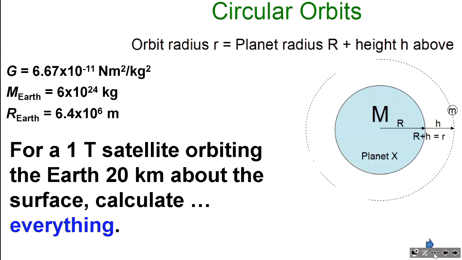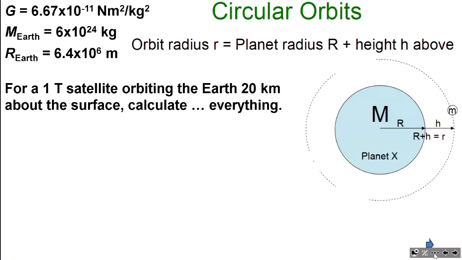Well, now, of course, we need to apply all this knowledge to analyze a specific situation. So the satellite is orbiting. What can we calculate? If it's a circular motion with constant speed, we can calculate a period, that speed, centripetal acceleration, force, if we want to.